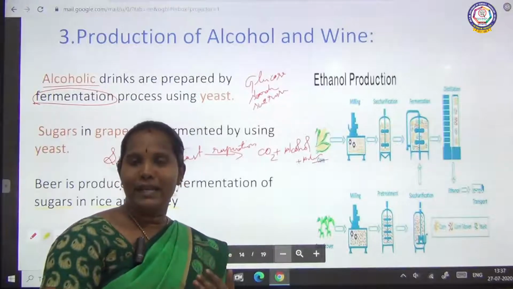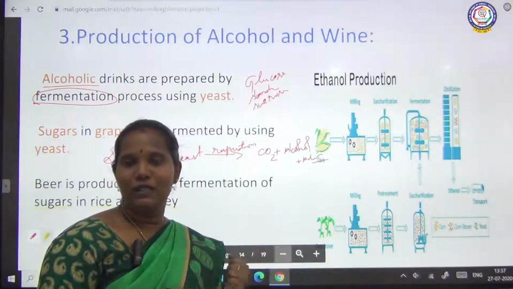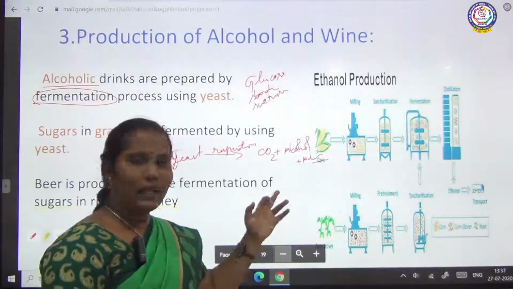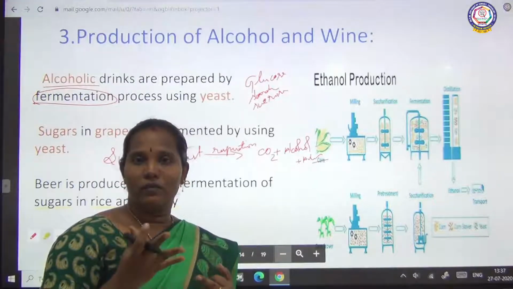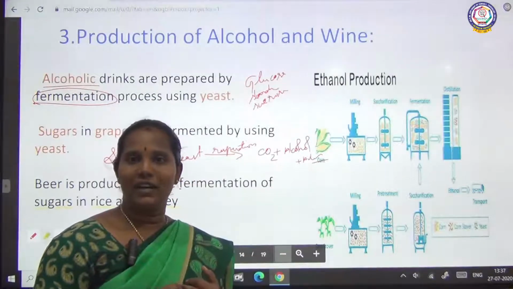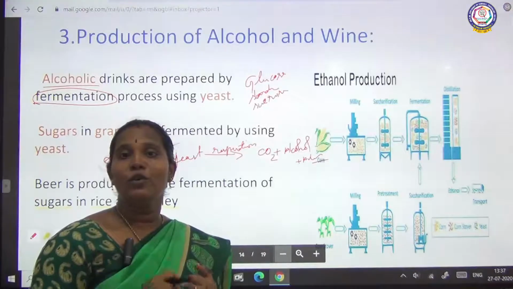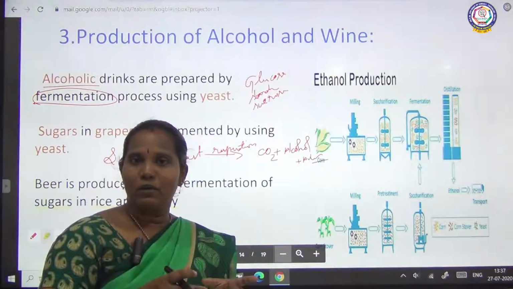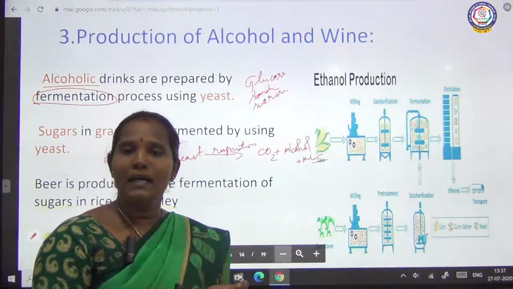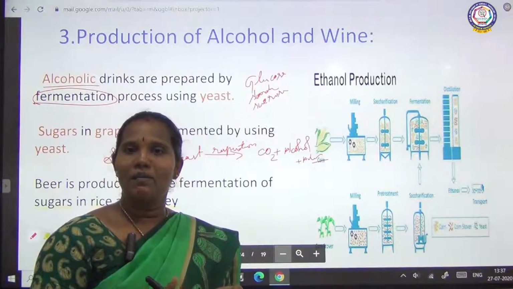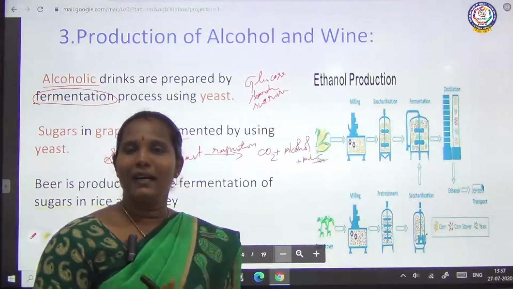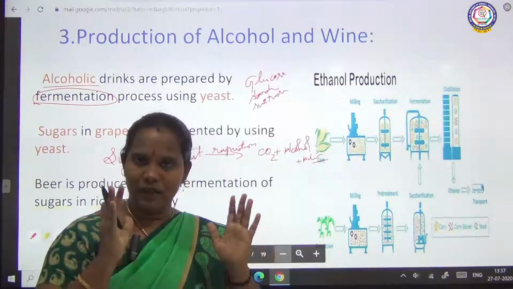In the olden days, they prepared alcohol using this process. Nowadays, grapes contain tartaric acid, no? Grapes are also used to prepare it by the same process. Grapes are moist and they are grinded. After that, they are collected into a tub.